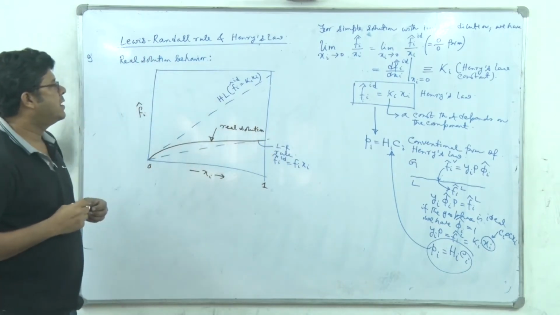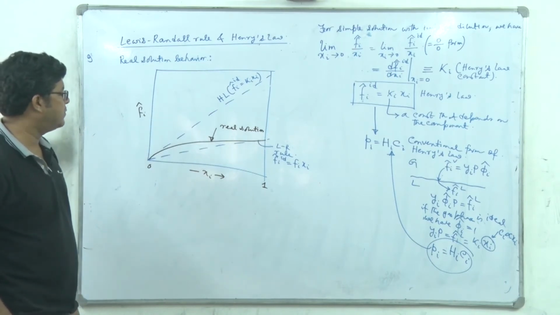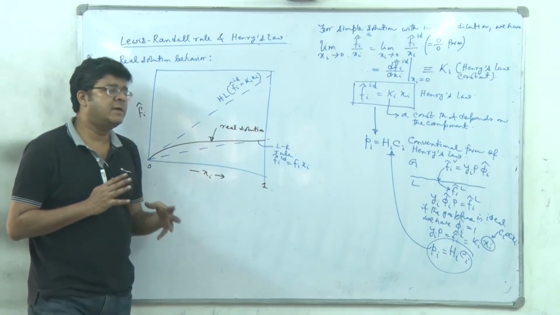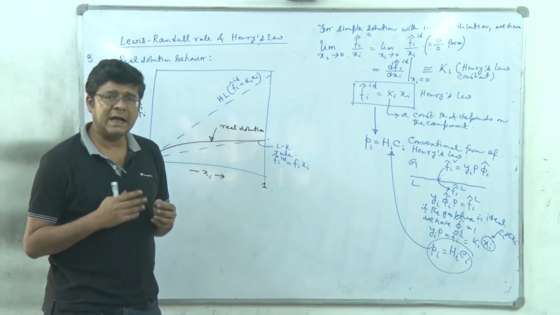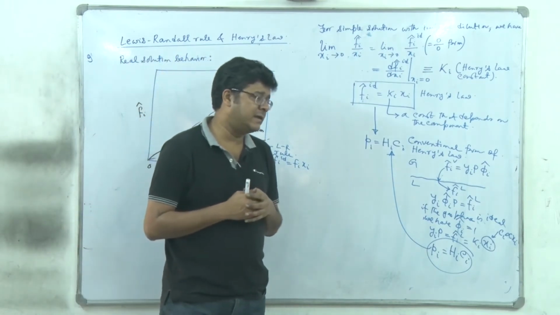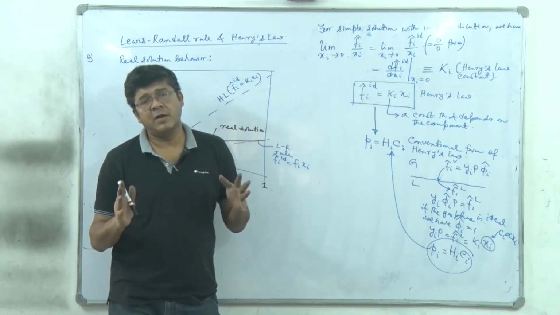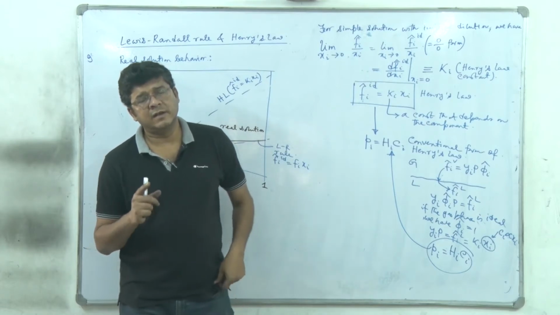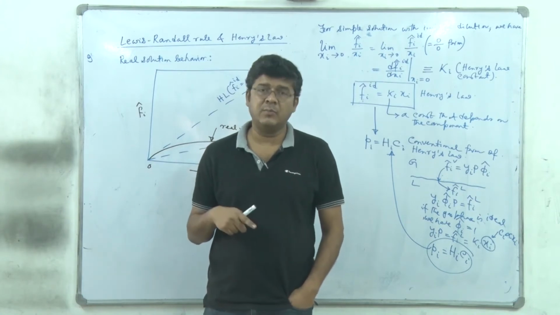Right. And there is an obvious qualitative argument we can put forward here: if in a binary solution one component follows the Lewis-Randall rule, the other must satisfy Henry's law. What does it mean? Qualitatively, if one component follows the Lewis-Randall rule, that means the solution is near the pure state with respect to that component.